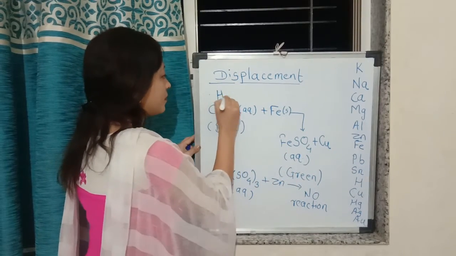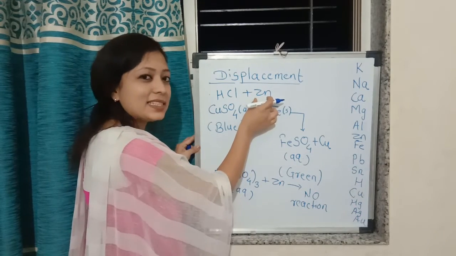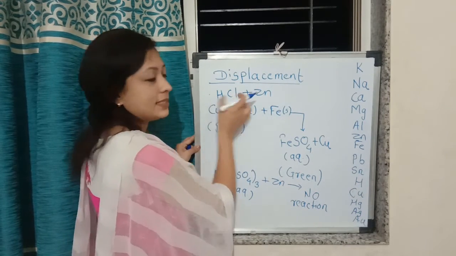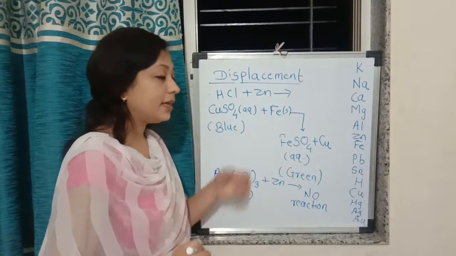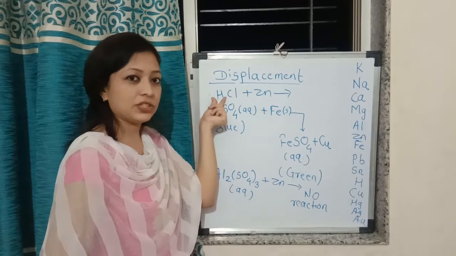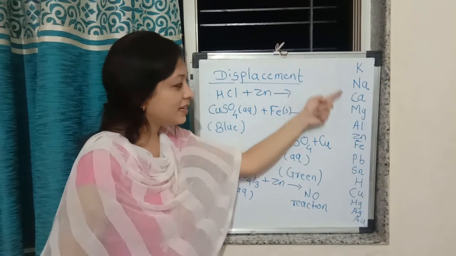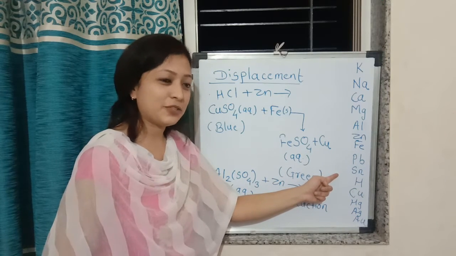Say for example, metal zinc is added to dilute acid. Now here you can see zinc is more reactive than hydrogen, isn't it? Look at the reactivity series of metals. Where is the zinc and where is the hydrogen?